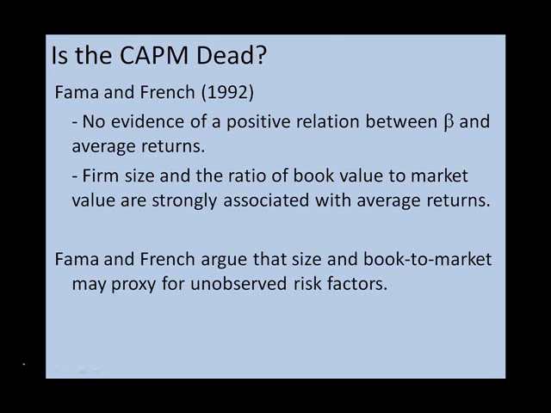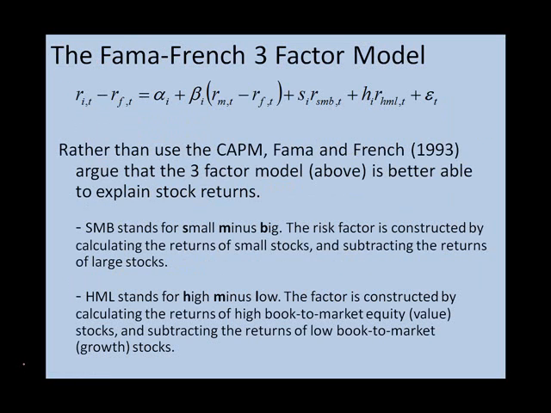And this prompted Fama-French to propose a multi-factor model that we know in the literature as the Fama-French three-factor model. Rather than use the simple CAPM, Fama-French extended it and added an additional two factors. The first factor they added is the returns on a portfolio called SMB. SMB stands for small minus big.